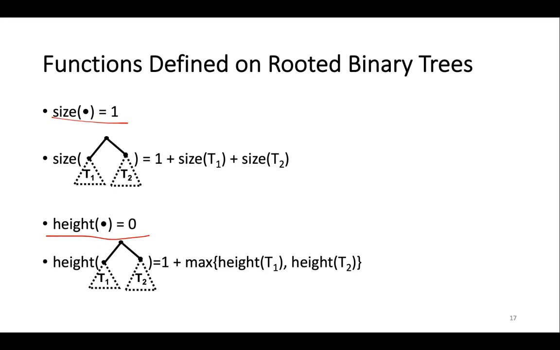So if we want to know the size of this tree, we know how many nodes are here, that is 1. We don't know about T1 and T2, so we have to find them. And for height, that's a little bit different. We know this level change is 1.